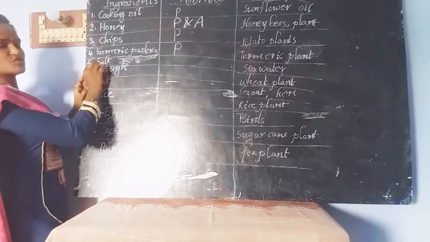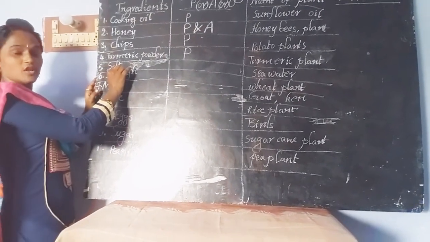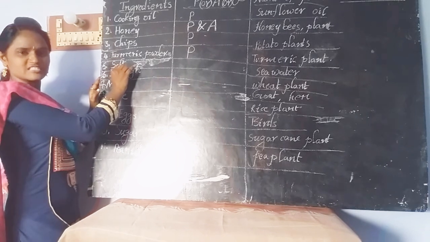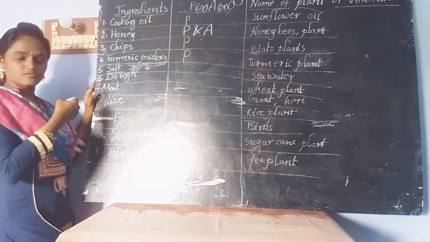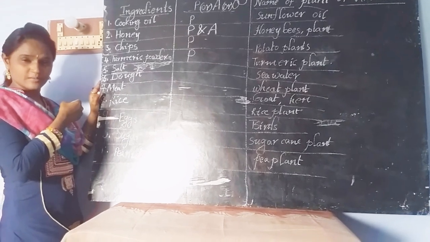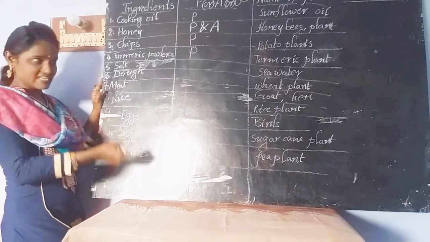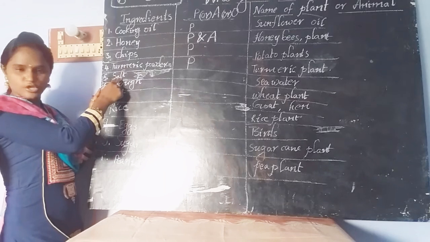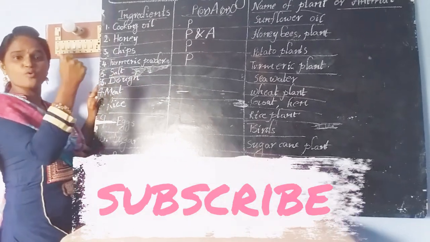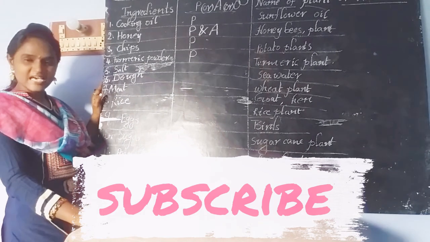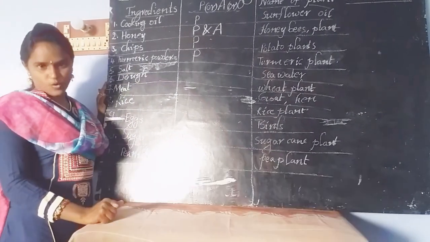Then move to the next one. Salt. We are all well familiar with salt. Daily in our day-to-day activities, while we are eating food, without adding salt, are we able to take the food? Is it tasty without having salt? No. Salt plays an important role. If you add more salt to the food, the taste of the food may spoil.